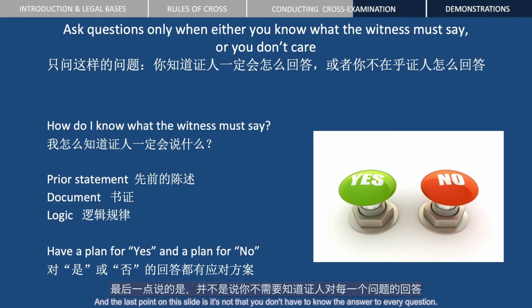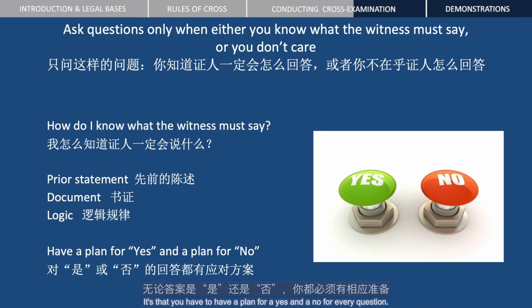And the last point on this slide is, it's not that you have to know the answer to every question. It's that you have to have a plan for a yes and a no for every question. So there are many questions that you don't know the answer to, but you've figured out in your mind that whether the answer is yes or no, I can use that to my advantage. It's kind of a decision tree. If the witness's answer is yes, I'm going to go down this road, and I know I have a point that's helpful to me.